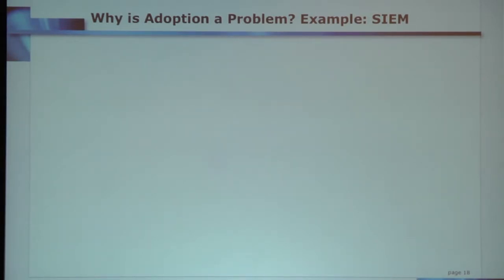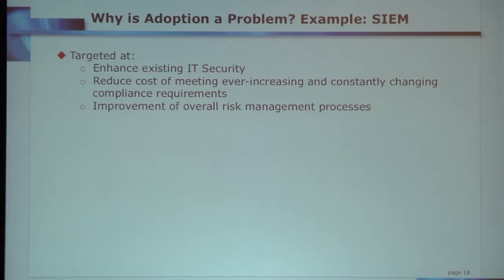And this technology, I think, is actually doing all the right things. It's really a good technology. It's targeted at enhancing IT security, addressing cost of compliance, helping with managing overall risk management processes.